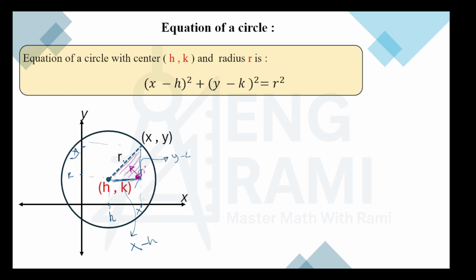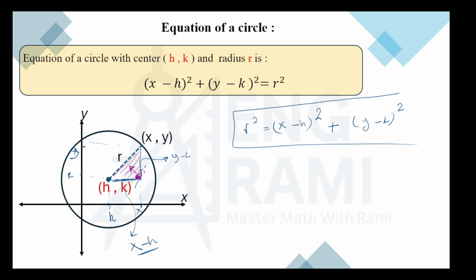From the Pythagorean theorem, we know that r squared equals this side squared, which is (x minus h) squared, plus this side squared, which is (y minus k) squared, which represents this equation.